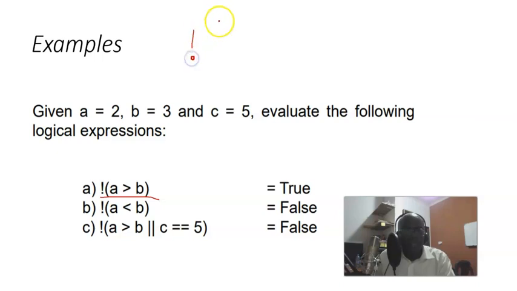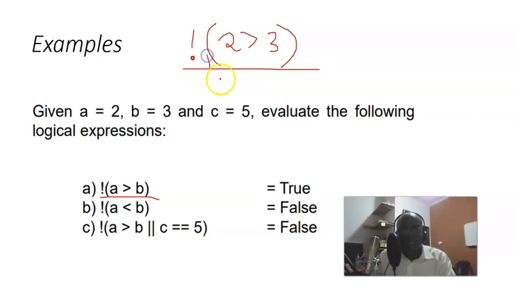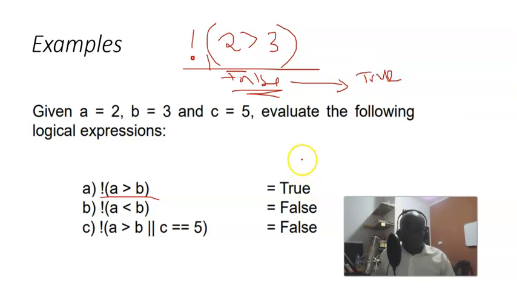If we are told not a greater than b, a is 2, b is 3. So this expression here, we know that it's false. Now when we say not false, it means we want the opposite of this, and it will give a result of true. So with the NOT expression, it negates whatever statement is given.